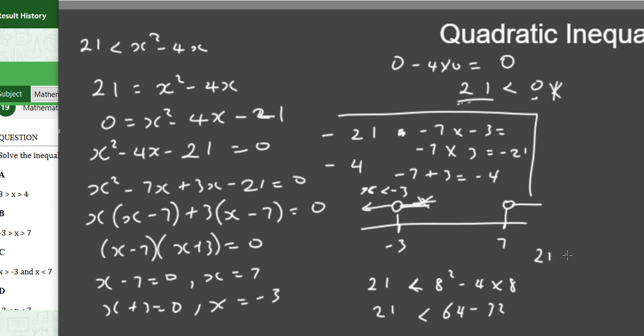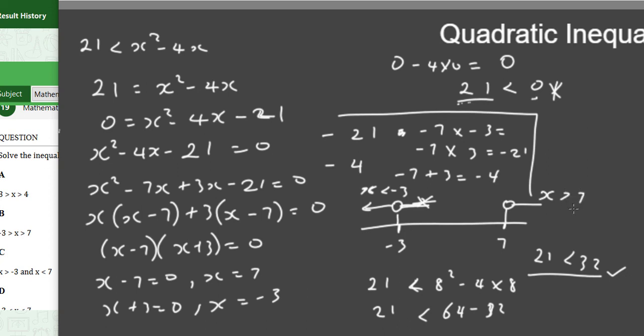So can we say 21 is less than this 32, right? It's less than 32. And if you think about it, that's true, because 21 is less than 32. And that makes this statement true. And because this is true, it means we can confidently say that x is greater than 7.